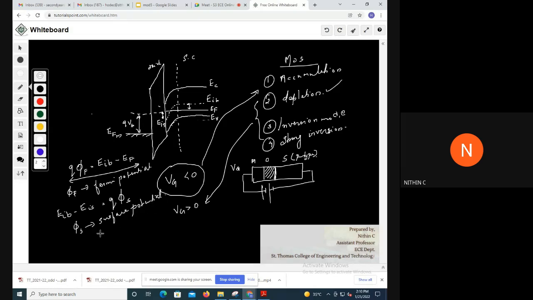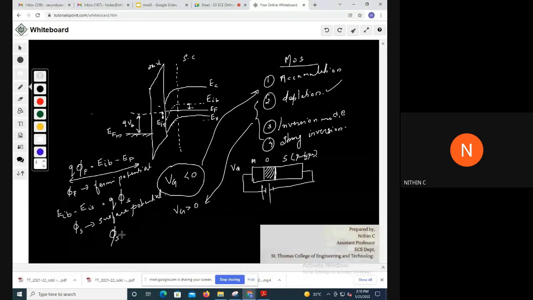And finally, we have written the condition for strong inversion: phi S is equal to 2 phi F. That is, surface potential is equal to twice the Fermi potential for strong inversion to take place.